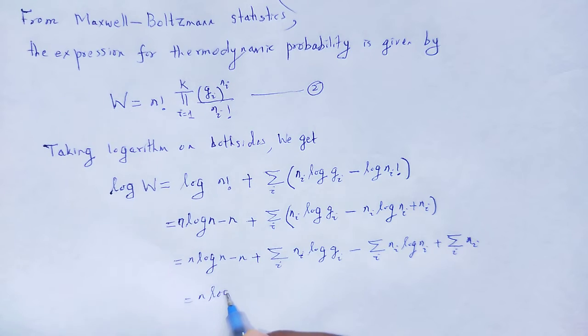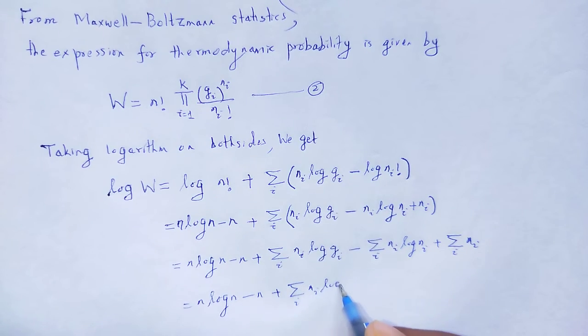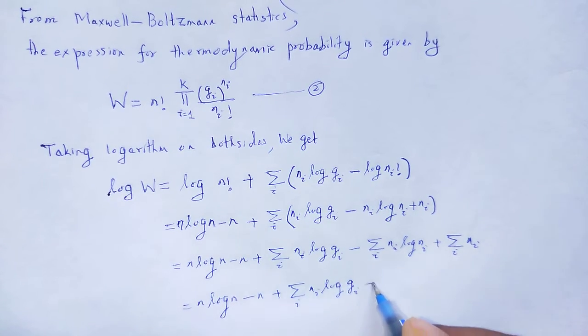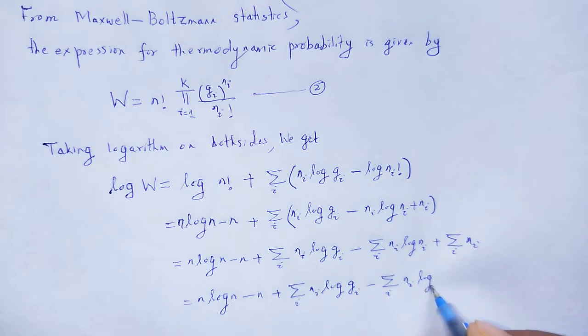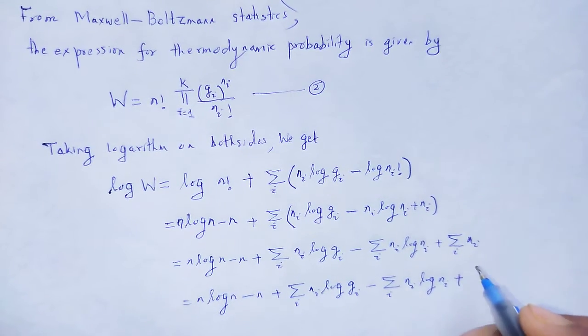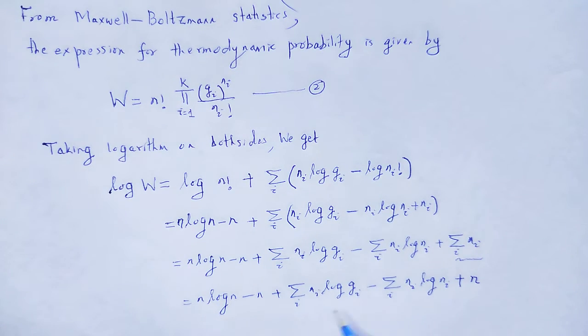So n log n minus n plus summation over i ni log gi minus summation over i ni log ni plus, that is, the summation over i ni, the total number of molecules n.